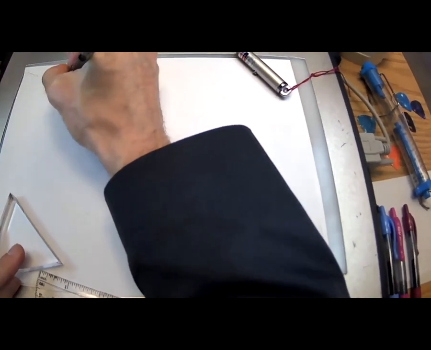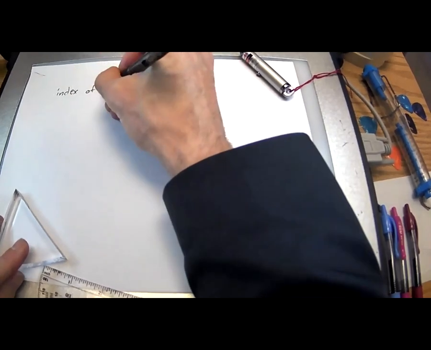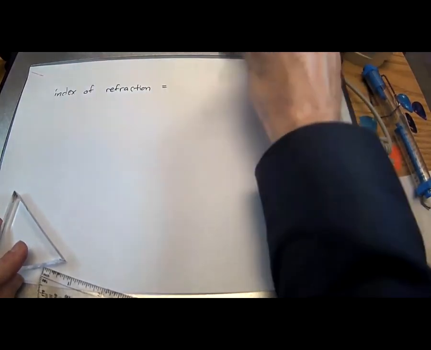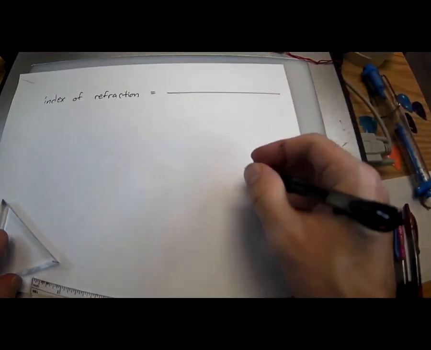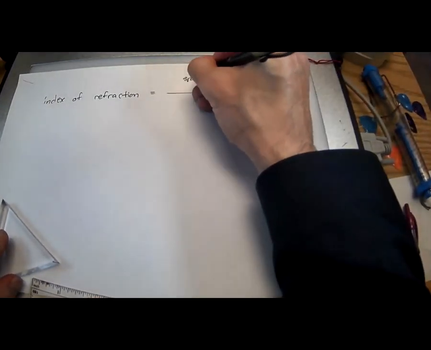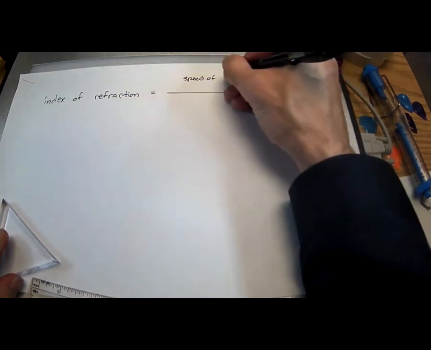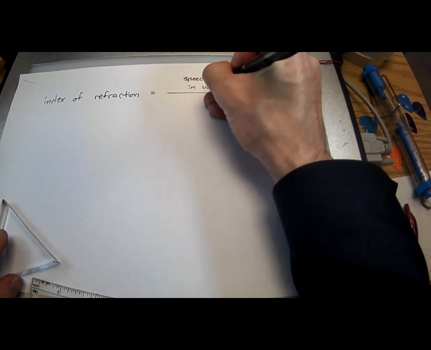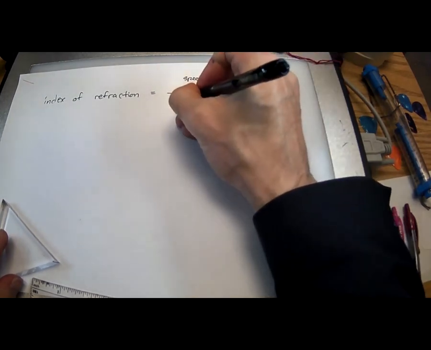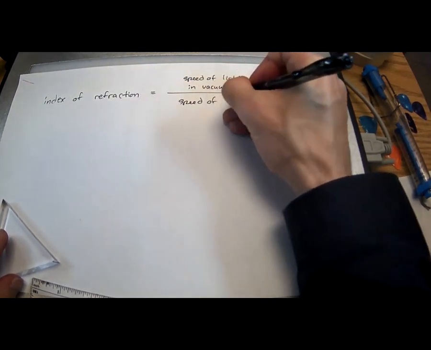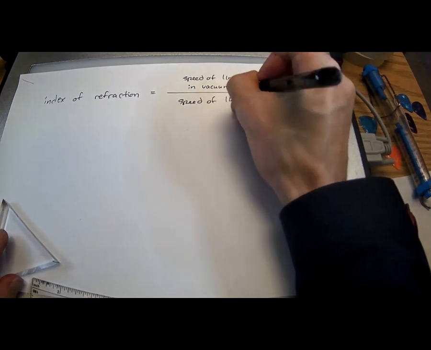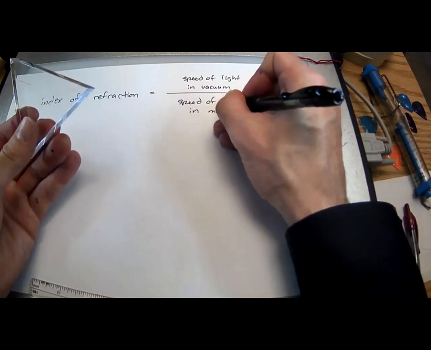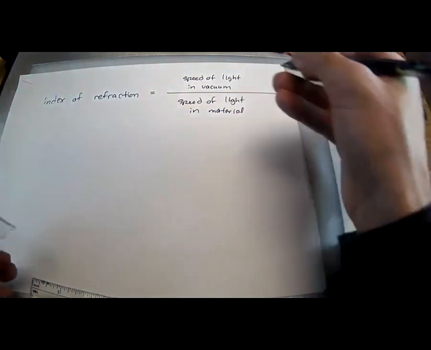So the index of refraction is equal to a ratio of the speed of light in a vacuum compared to the speed of light inside some material like this right here, which of course is different for different materials.